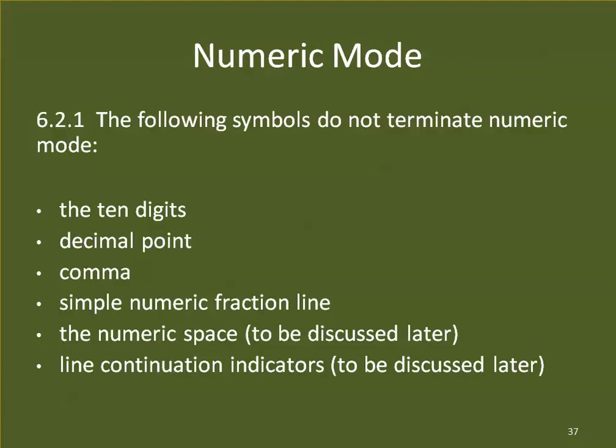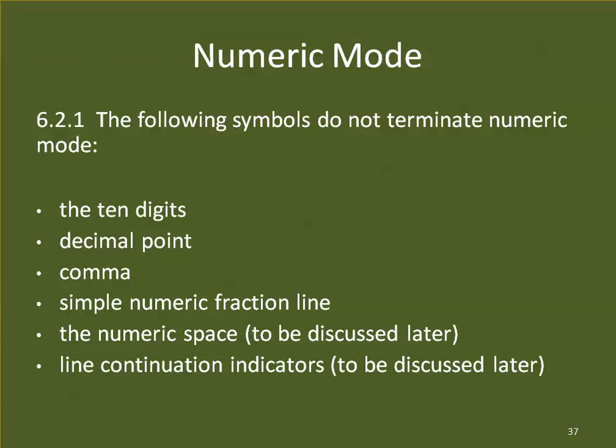Okay, the last concept for this video is numeric mode. So the following symbols in UEB do not terminate numeric mode. The 10 digits, of course, 10 digits are numbers, so we want those to stay in numeric mode. Numbers often have decimal points and commas, and so we don't want numeric mode to end with those things.